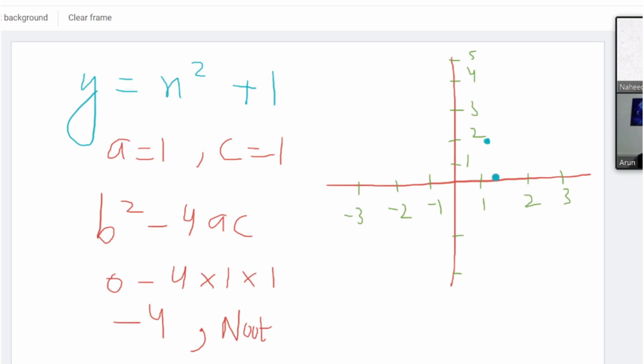Now take x as 0. What will be the value for y? 1. So you are getting a point here. Next, take x as 2. y is 5, somewhere here.